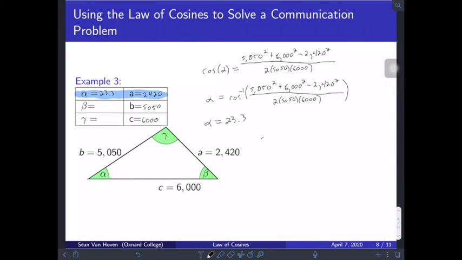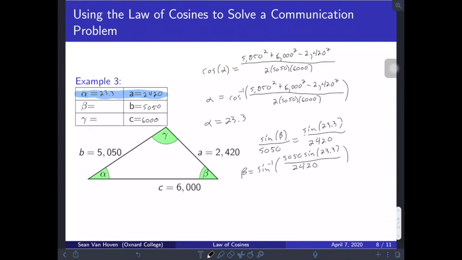So we can say that the sine of beta all over 5050 is equal to the sine of 23.3 divided by 2420, or that our beta is equal to the arcsine of 5050 sine of 23.3 all over 2,420.